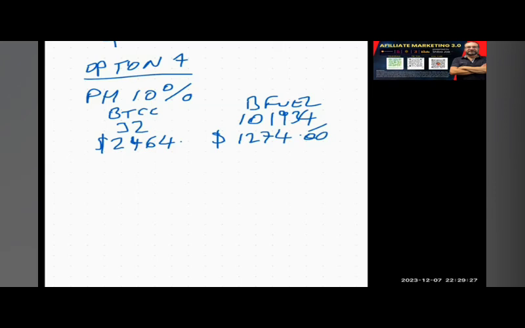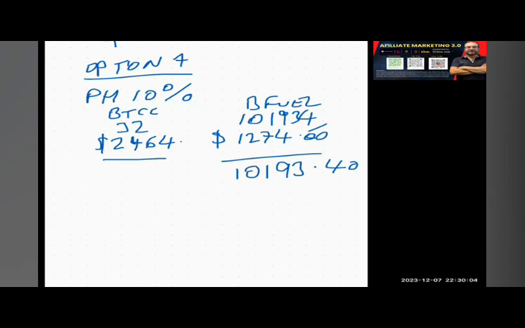So let's say I now go to harvest 10% of that. If I'm going to harvest 10% of my B fuel, which is 10193.4, that's 10% of my B fuel. Now I can figure out how much that would be. I'm not looking for a set amount, I'm just looking, well, I want to harvest 10% of my B fuel.